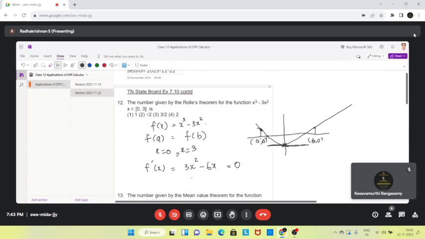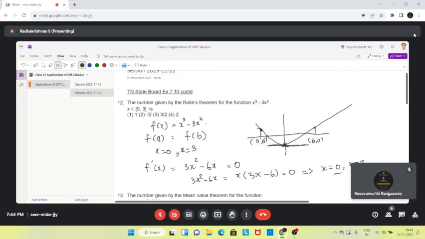It has to be in the open range 0 to 3. So 3x square minus 6x equal to 0, we can take x out. Sir, x equal to 2, sir. Yeah. So x equal to 0 or x equal to 2.